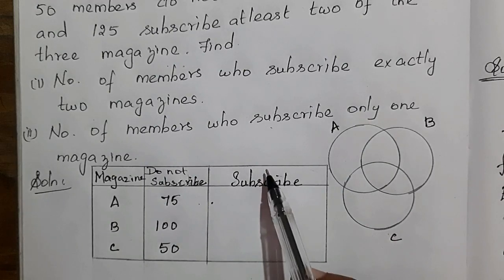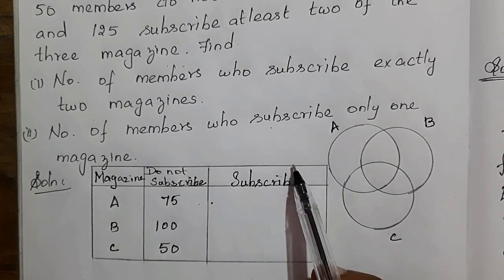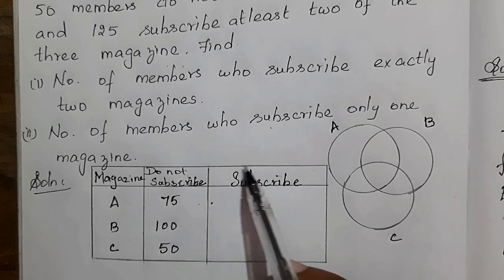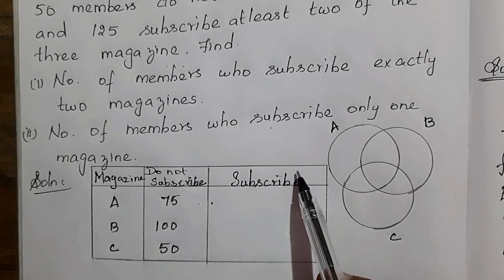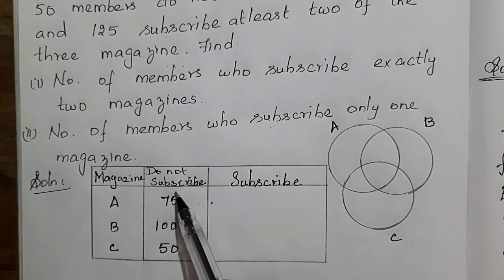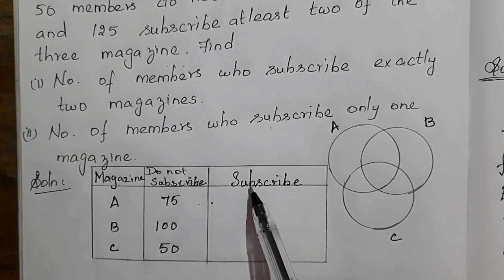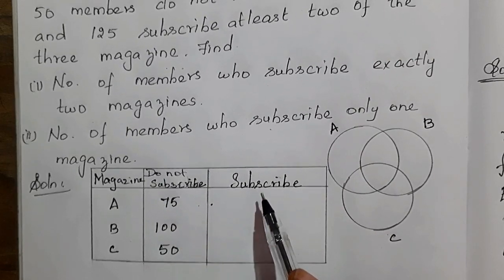Next we have to find out the subscribers. It is do not subscribe, so how will you find the subscribers? We just subtract the value from the total. You know the total is 200.